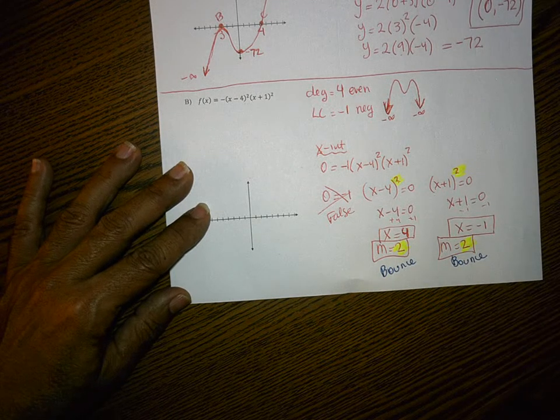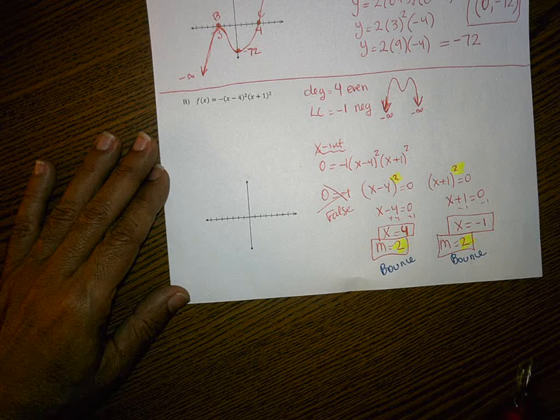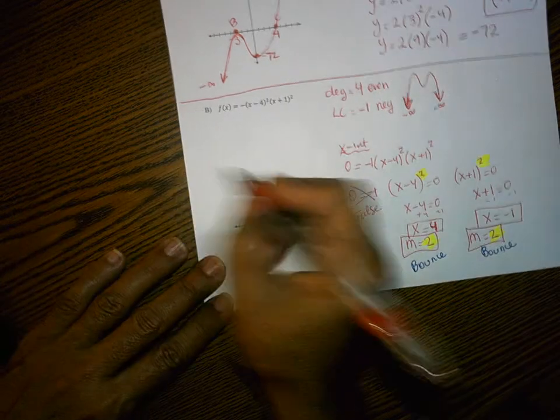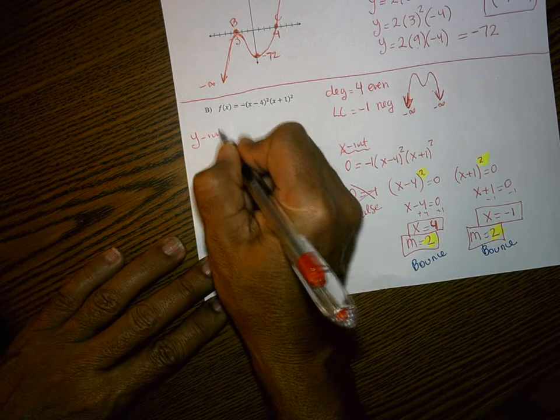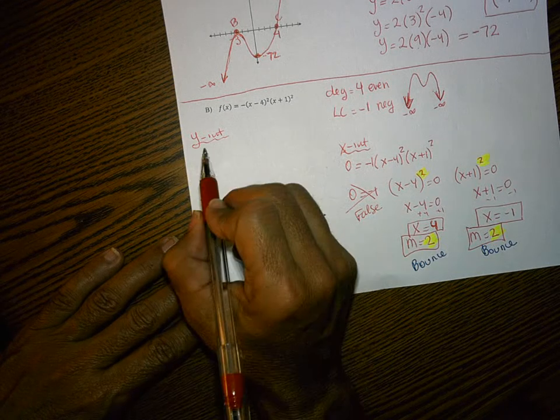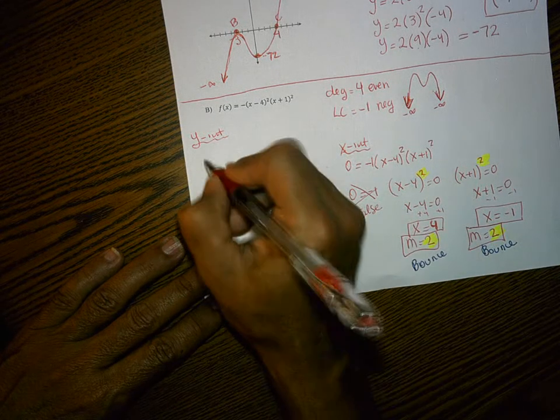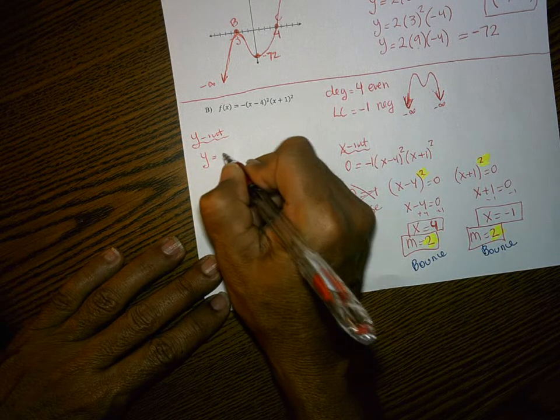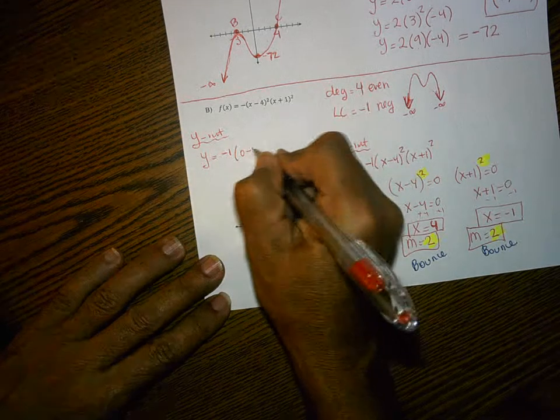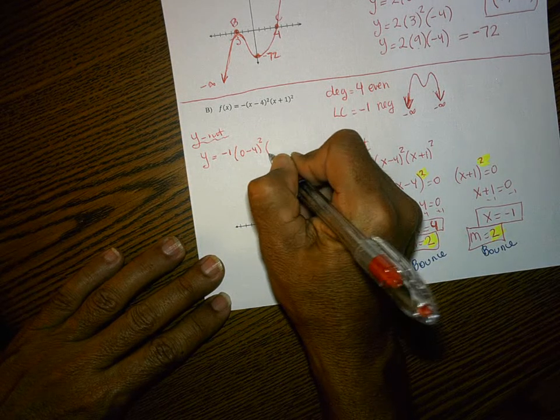Okay, we're almost done. We know the shape. We know the x-intercepts. We need to know the y-intercept. I'm going to do it here. The y-intercept. Okay, if I want the y, then I make the x 0. y equals the negative 1 times 0 minus 4 squared times 0 plus 1 squared.